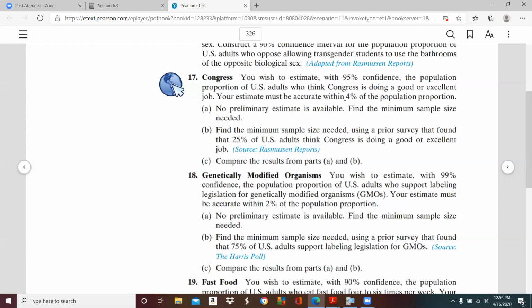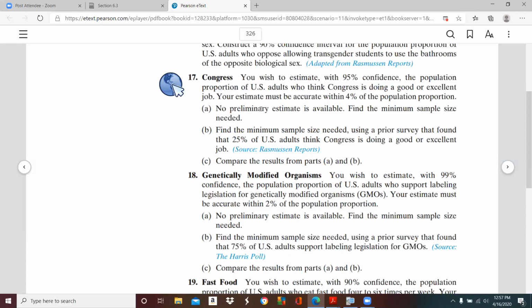Look for that word within. Now, if it's expressed as a percentage, we have to convert it into a decimal when we use it in the margin of error formula. So we convert this to a decimal by dividing by 100. 0.04 is the decimal equivalent of 4%.